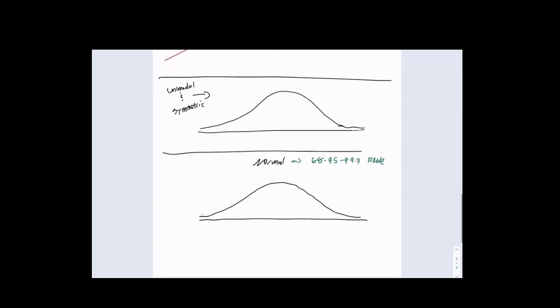And here's what that rule means. If these are the z-scores, let's say that these are the z-scores, okay? Or actually, let's not even get to there yet. So the mean of the distribution is right in the center, okay? That's true here as well. The mean is right there.